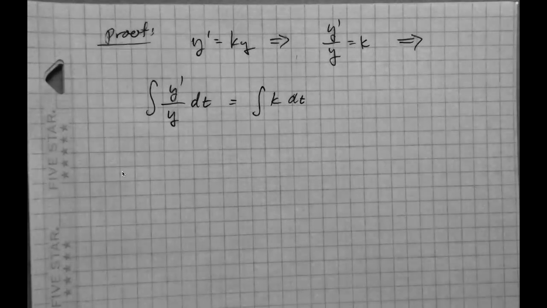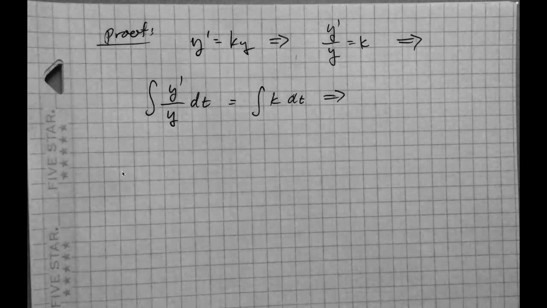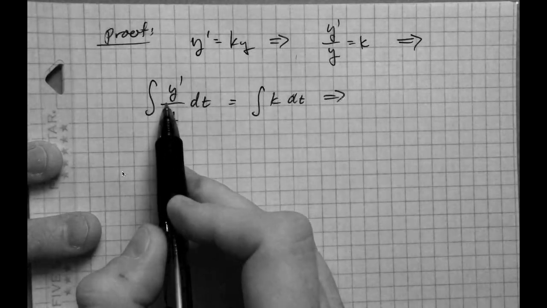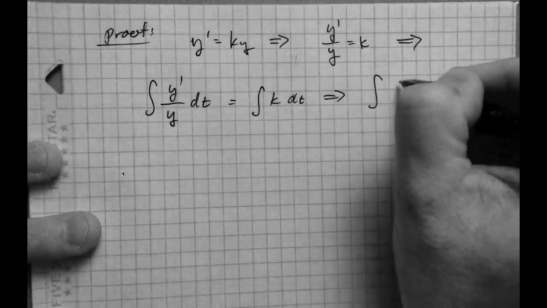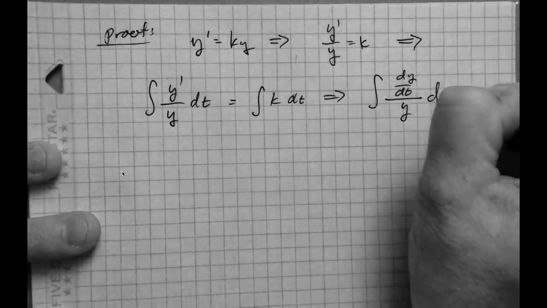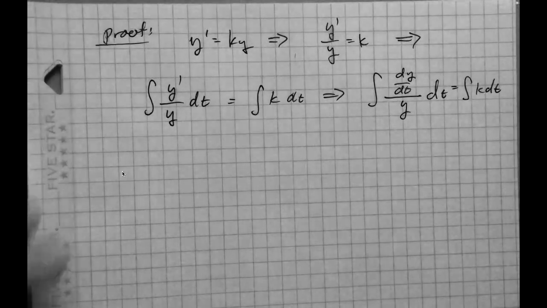And similar to the method we had before, we can write this as dy over dt. So dy over dt all over y times dt equals the integral of k dt. So just integrating there.